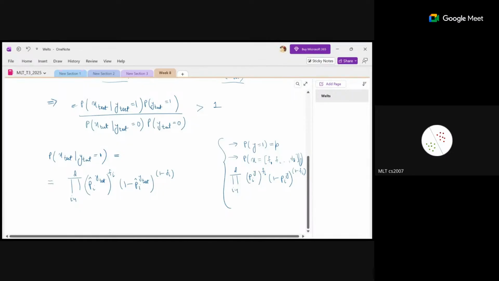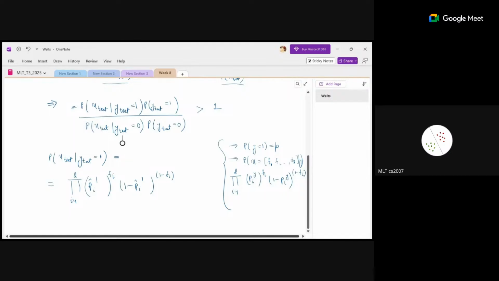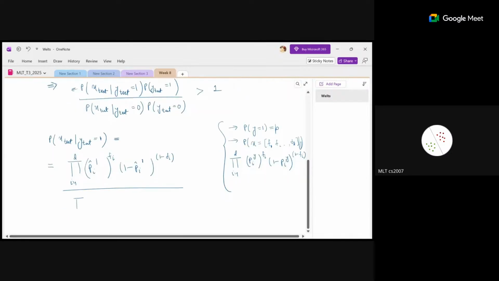Since we have taken y test to be 1, I can just simply write 1 here. The denominator is also going to be similar: it is going to be pi hat i of 0 to the power fi, times 1 minus pi hat i of 0 to the power 1 minus fi, where i is varying from 1 to d. And we are saying this has to be greater than 1.